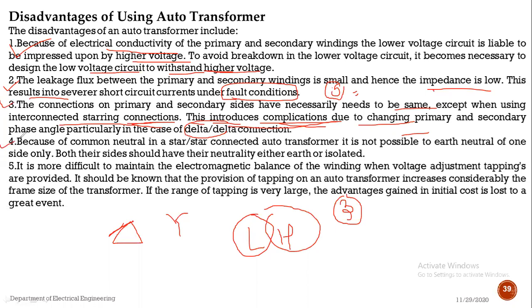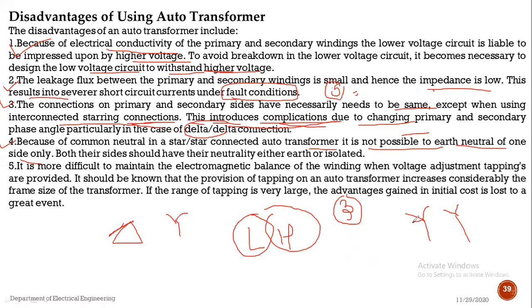Now the fourth disadvantage is that because of the common neutral in a star star connected auto transformer, it is not possible to earth the neutral of one side only.